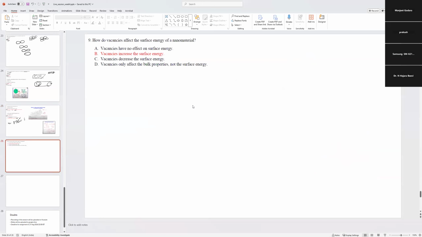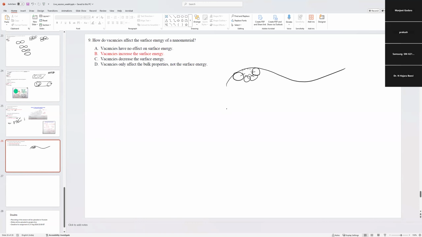How do vacancies affect the surface energy of an area? So a vacancy is just a site where your atom is missing. So on the surface, this is a vacancy. Now the atoms surrounding it have unfulfilled bonds.